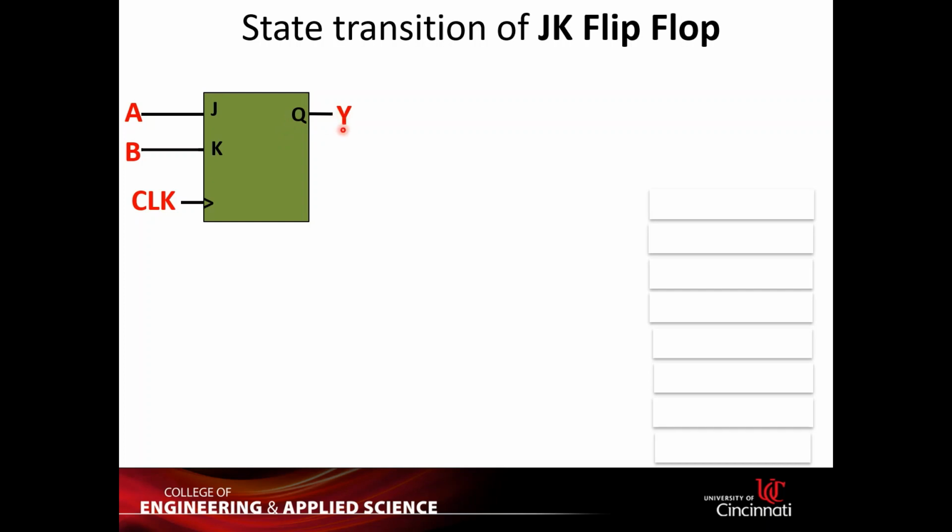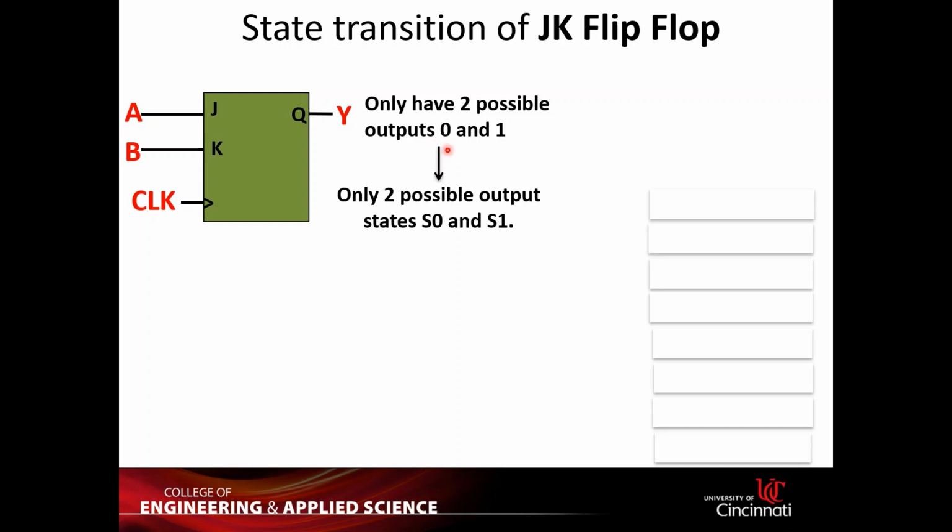Remember the output only has two possible outcomes, either 0 or 1. Because of that, the JK flip-flop only has two possible states, either S0 or S1.